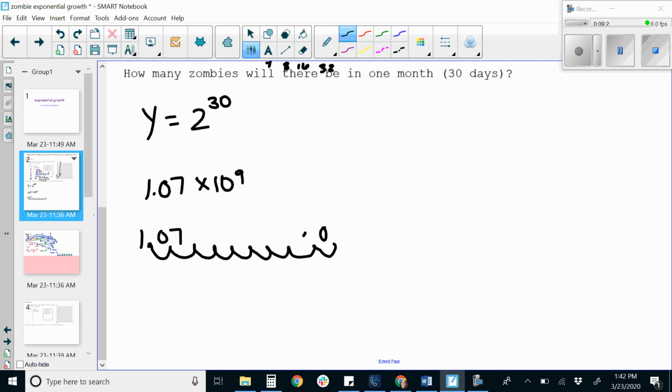So I add zeros for all those places. I know there were other numbers, but for the sake of estimating, right, comma, comma, comma. Thousands, millions, billions. So 1 billion. If one person infected one person each day, we'd have 1 billion people infected.